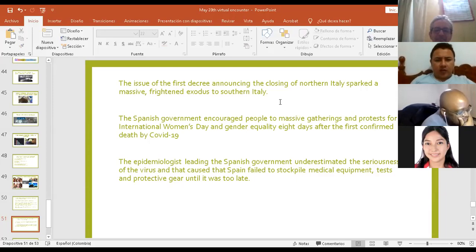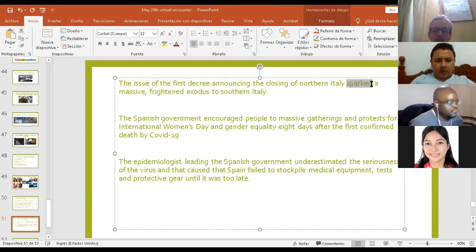What is the verb of the sentence? Massive frightening. No, the verb. Sparked. Exactly. So once you identify the verb, what is after the verb is the object. That is what you put first. All this is the object.